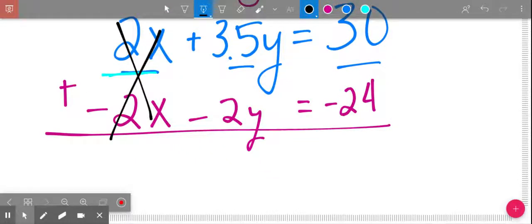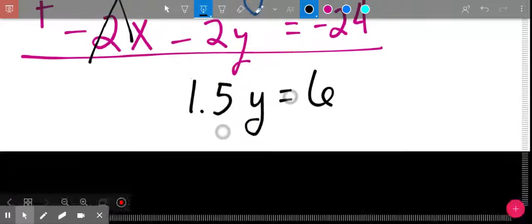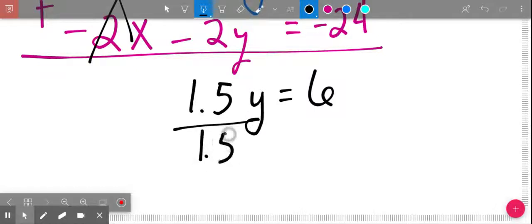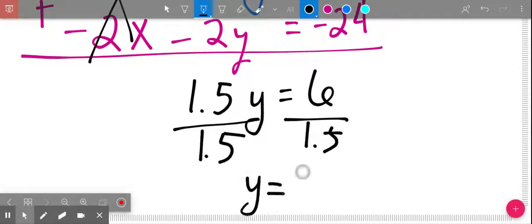That's perfect. 3.5 plus a -2 is going to give me 1.5y. And 30 minus 24 gives me 6. Divide out the 1.5. Okay, well, 6 divided by 1.5 is going to give me y is equal to 4.